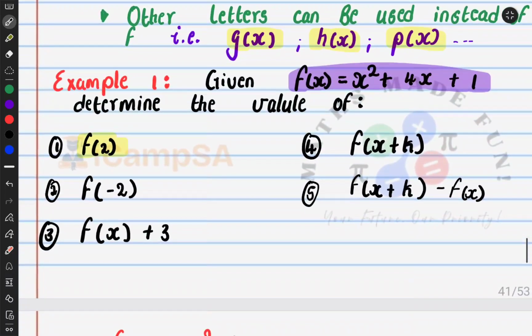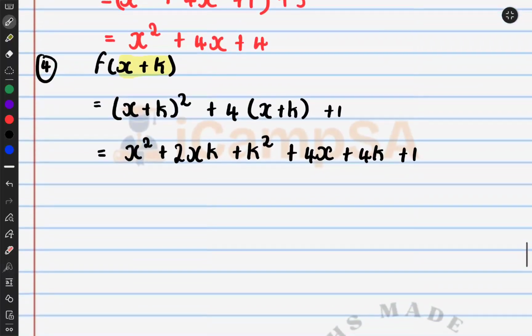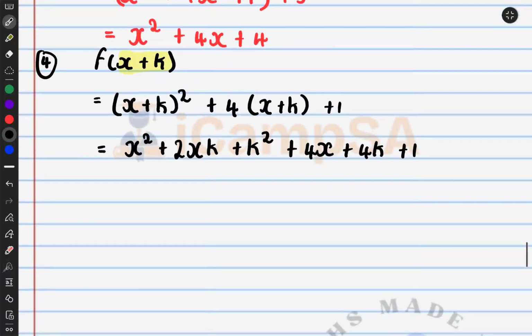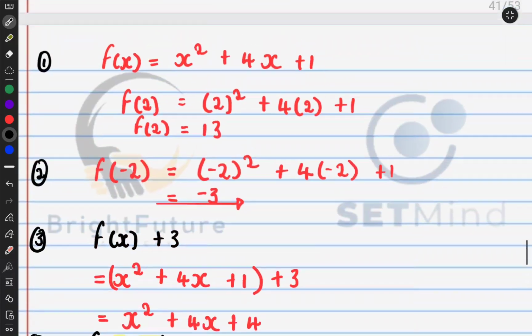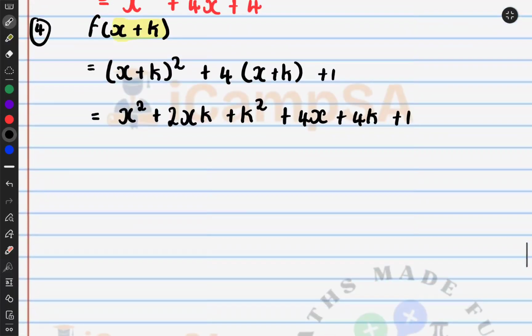And then for number 5, we're asked to find f at x plus k minus f at x. So what we had there, but we're now going to subtract f at x.